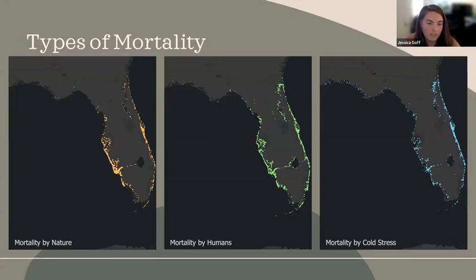This primarily includes red tides. And you see that a lot of the mortality by nature is on the west side of Florida. Mortality by humans is pretty consistent all across Florida. And then mortality by cold stress is mainly on the east coast of Florida.